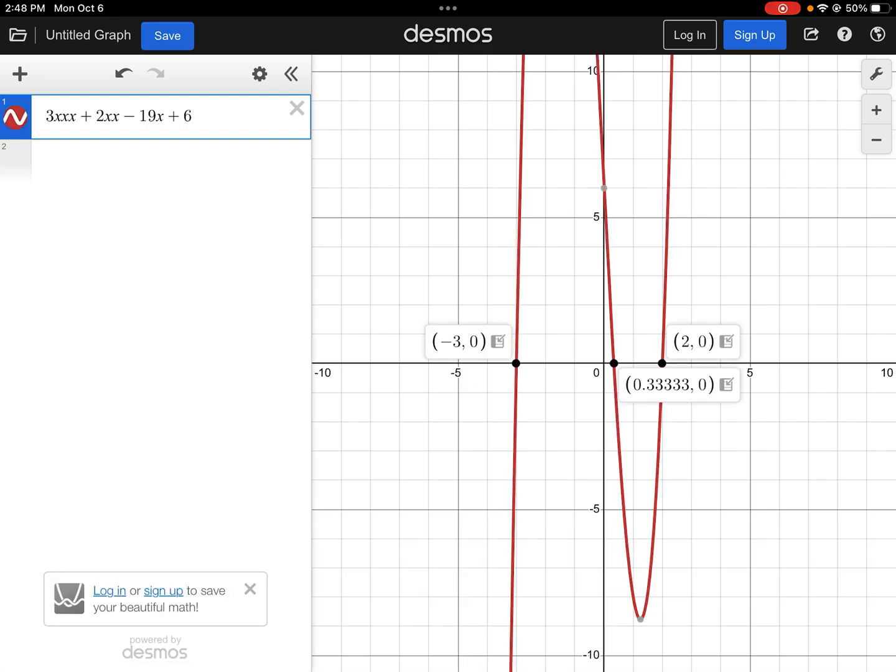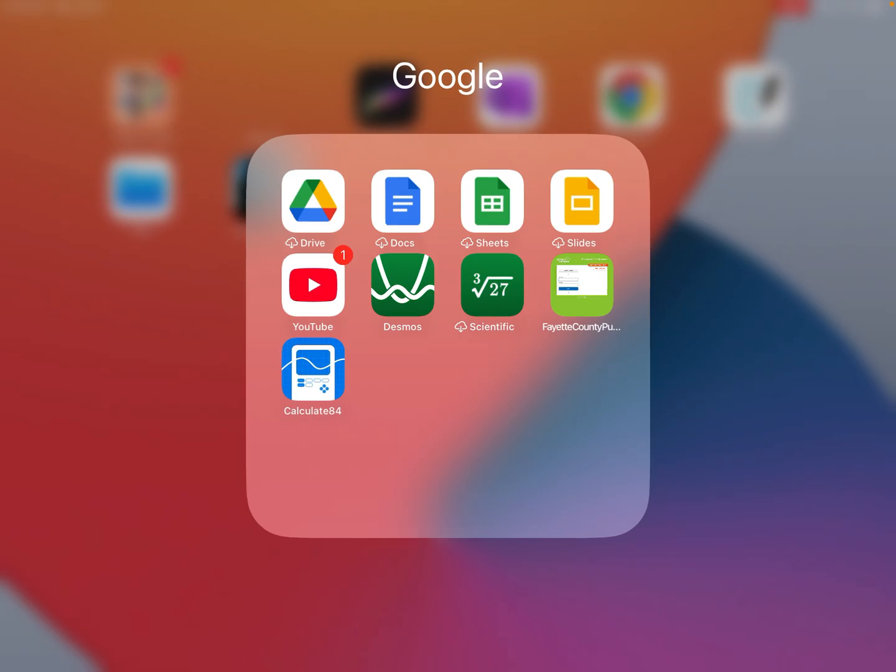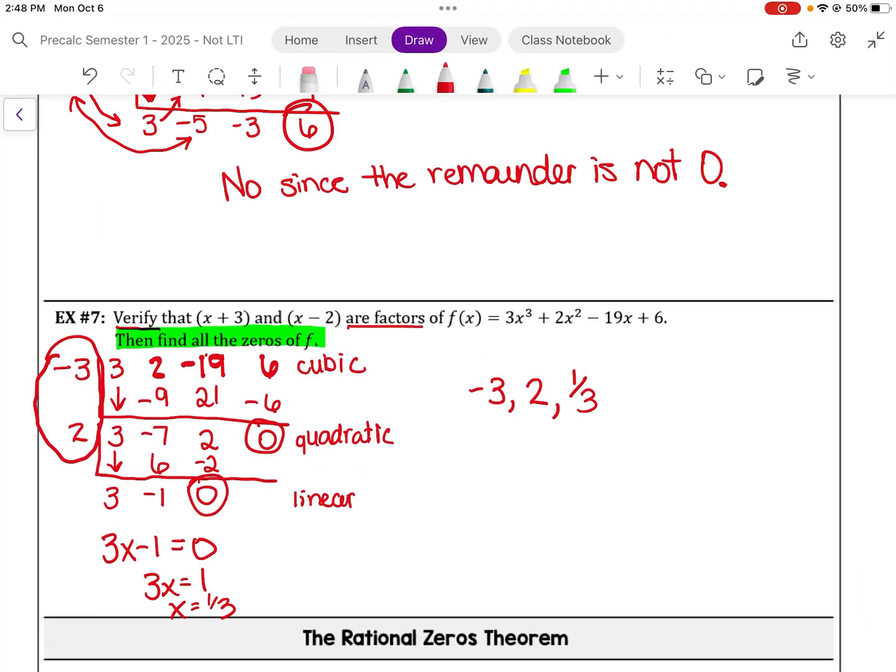Look at my zeros: negative 3, 2, and then 0.3 repeating is 1/3. Okay, so remember, calculators have not been around forever. We used to have to do this by hand all the time. This is where this comes from. Okay, so we can find factors without a calculator. I believe in you. You can too.